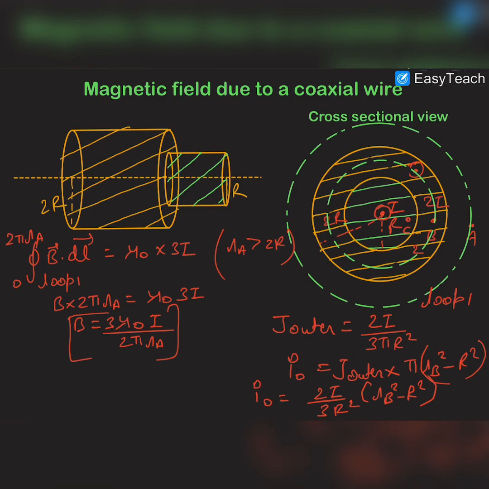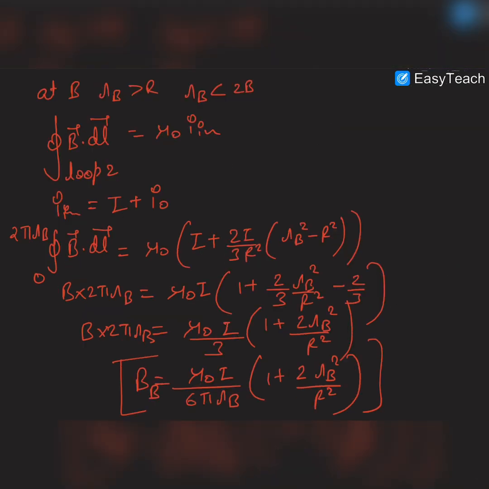Now for the magnetic field at point C, which is inside the inner cylinder, we know that the magnetic field would not be due to the current flowing outside the loop. I am drawing the loop. At this point the magnetic field will be due to only the current inside this loop, and we have already calculated this in the previous video.